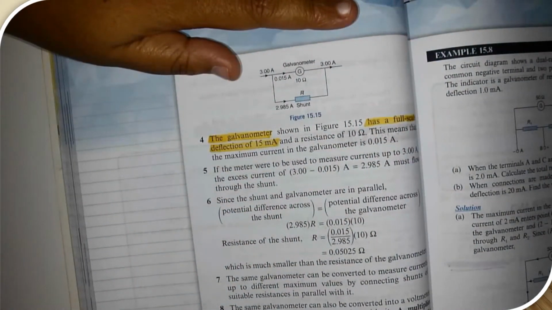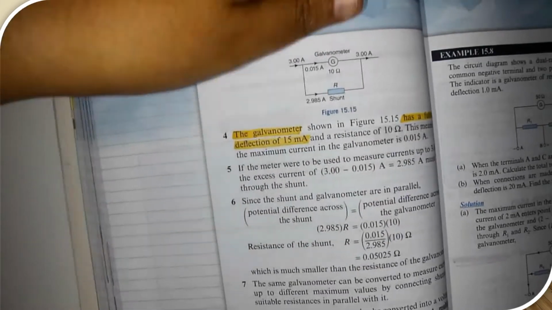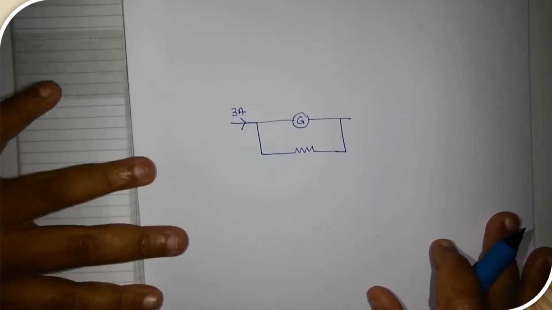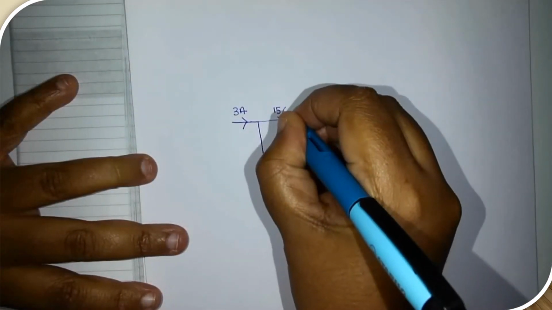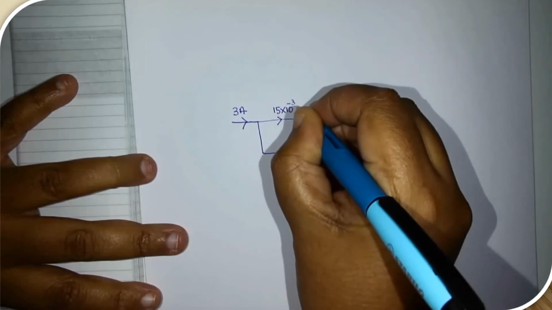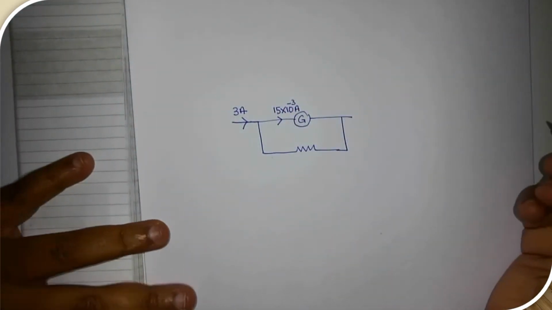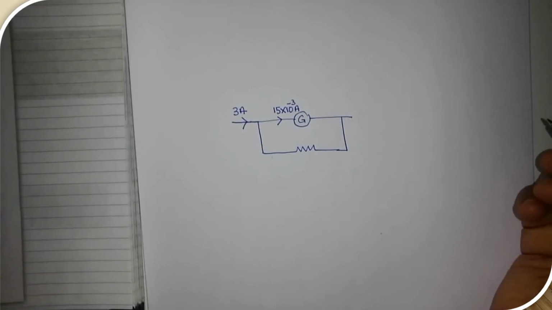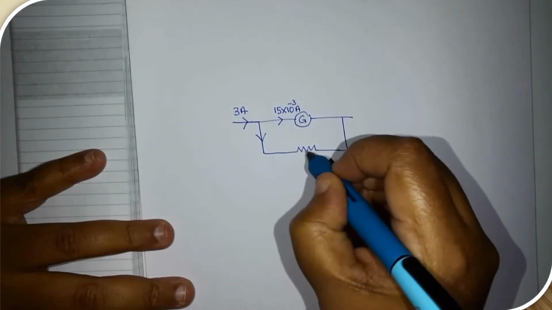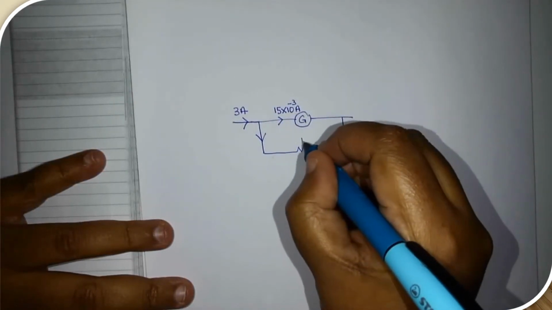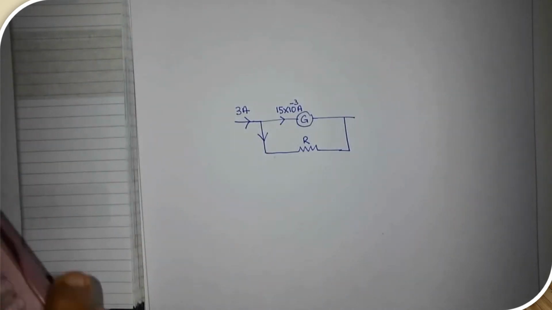Now what does the sentence mean? The sentence means that the current that passes through the galvanometer can be a maximum of only 15 milliampere. Out of this, the larger current will flow through this resistor, which is resistor R. So how much will flow here?